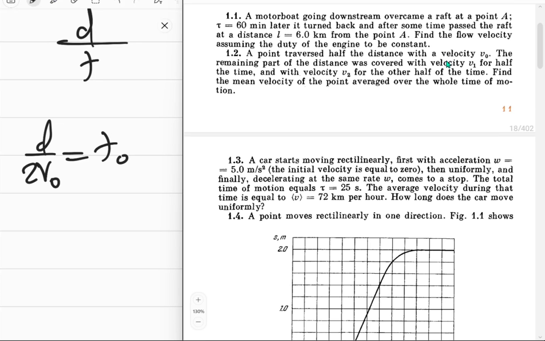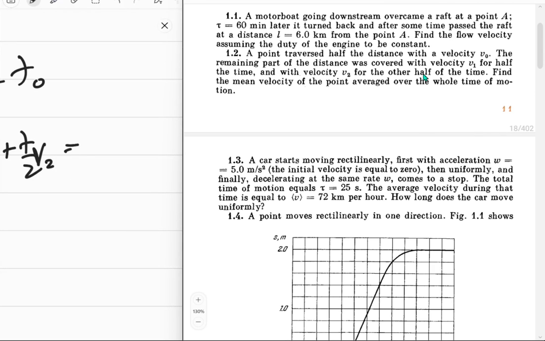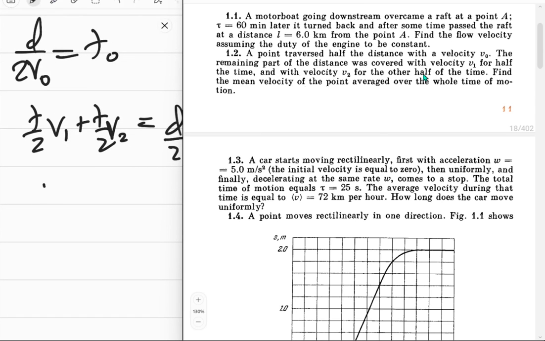Then this guy went with v1 and v2 for half the time each. Let's call the total time for this part t. So t upon 2 times v1 plus t upon 2 times v2 is the other half distance, d upon 2. So that just means t is equal to d upon v1 plus v2.